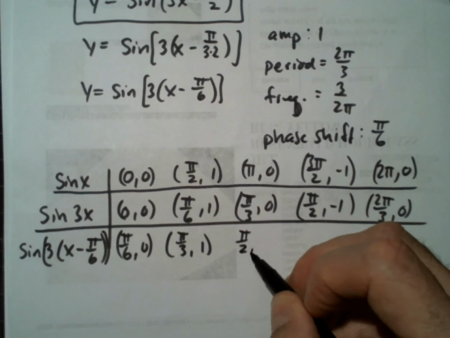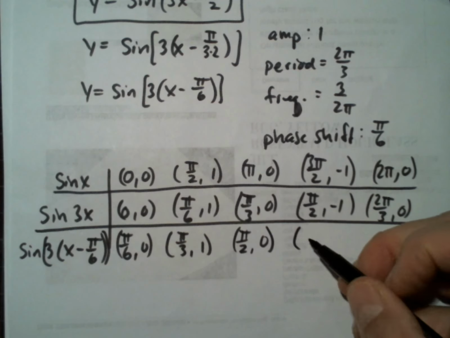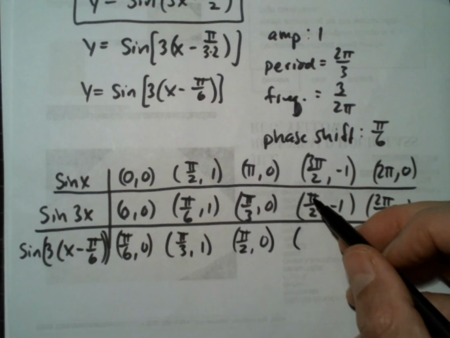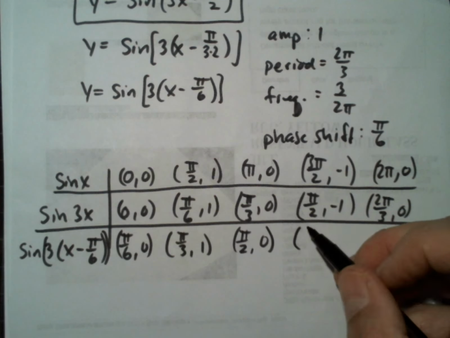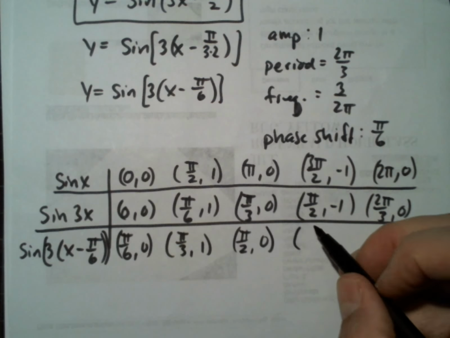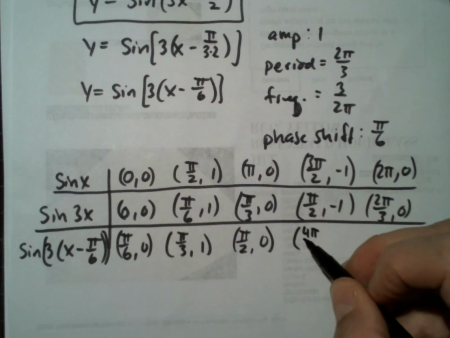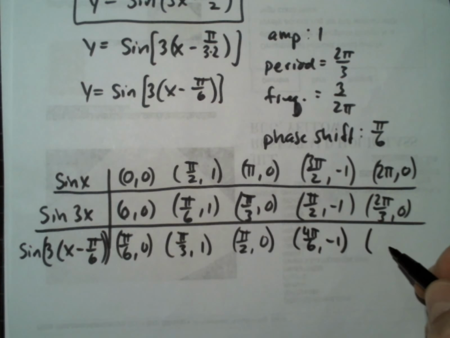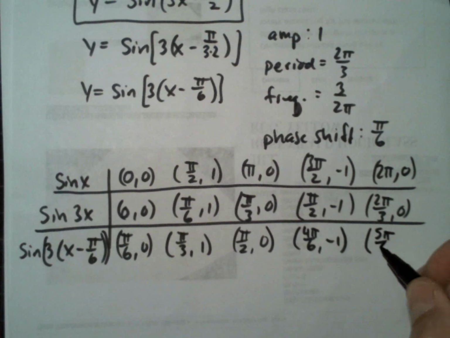That would be a pi over 2 plus pi over 6 here. This is 3 pi over 6 plus 1 pi over 6, 4 pi over 6. And 4 pi over 6 plus 1 pi over 6 is 5 pi over 6.